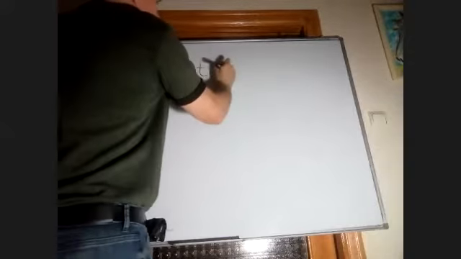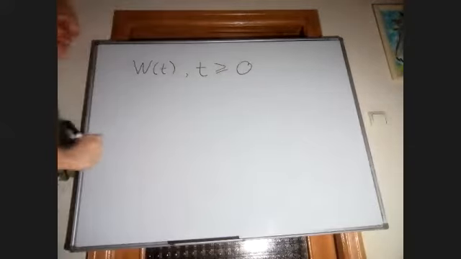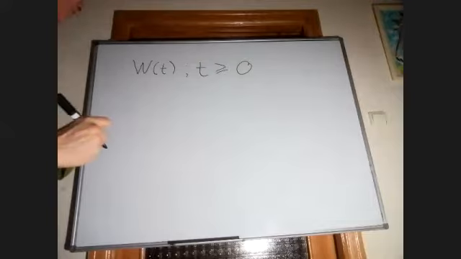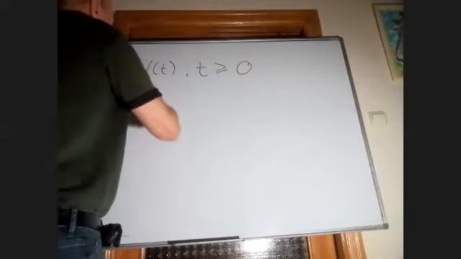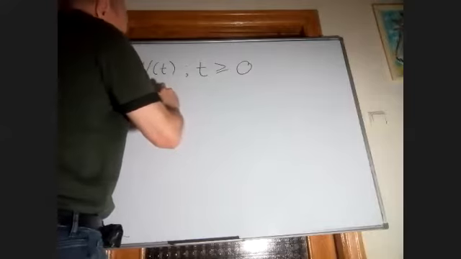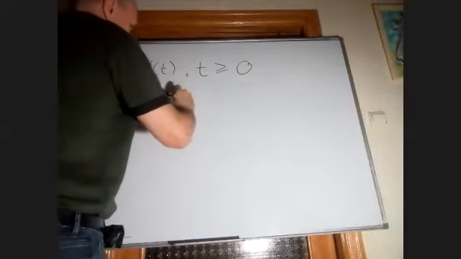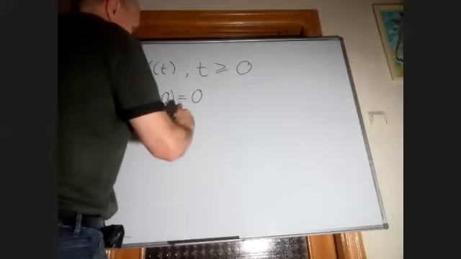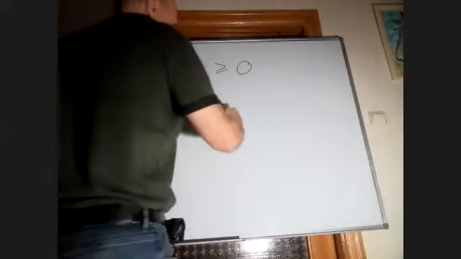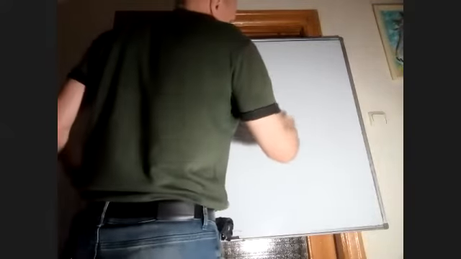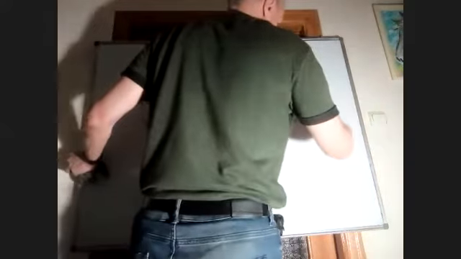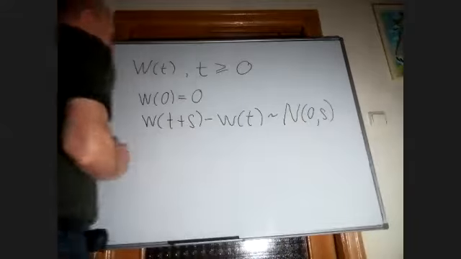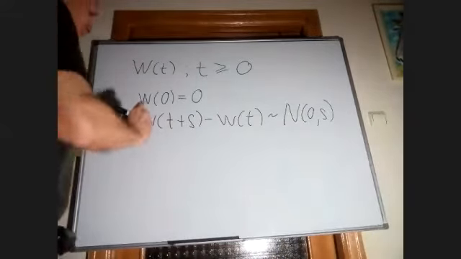So let me recall that W_t, t greater or equal than 0, is a one-dimensional standard Wiener process if W_0 is equal to 0, W_{t+s} minus W_t is distributed as N(0, s), and it has independent increments.